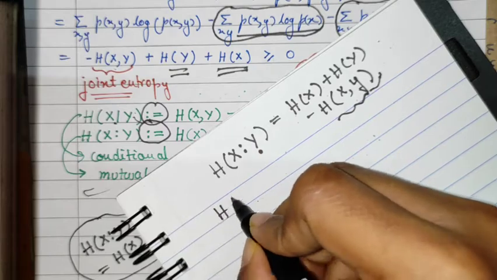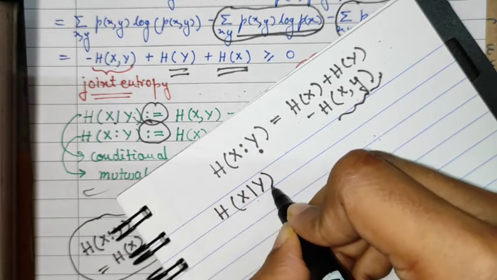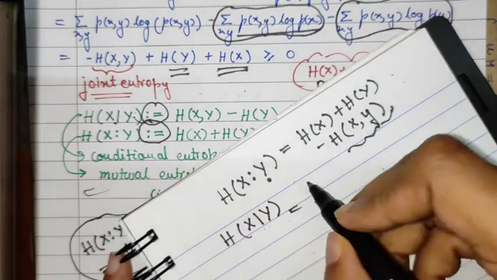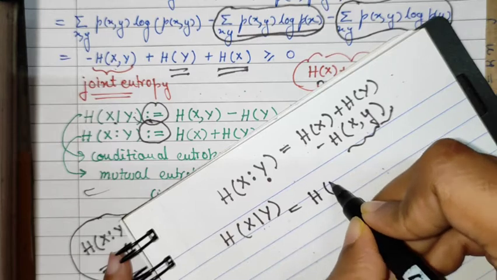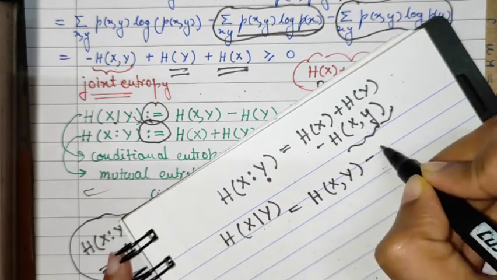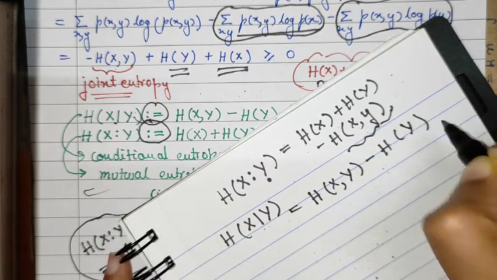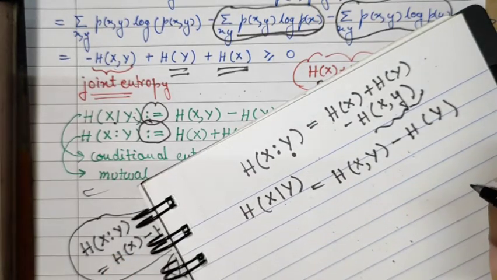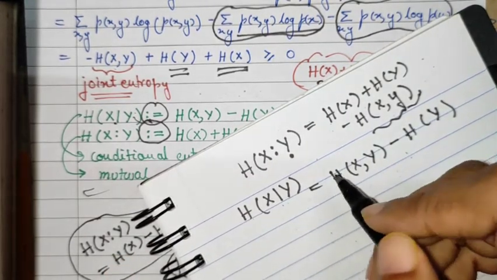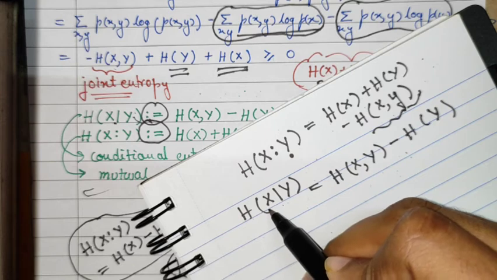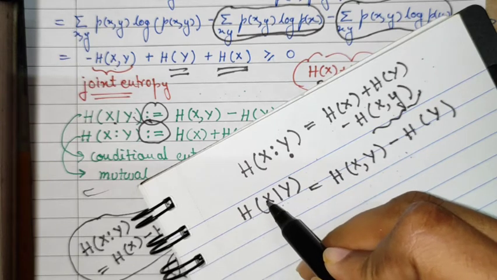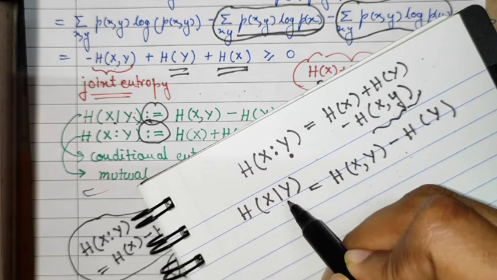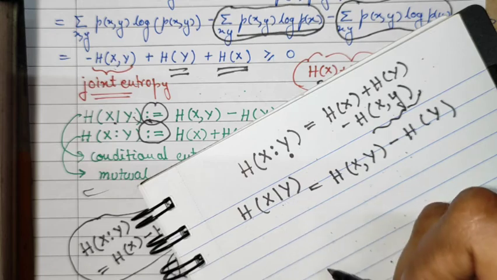And then H(x|y), which is defined as H(x,y) minus H(y). What it means is, what is the uncertainty associated with x once you know the uncertainty associated with y.